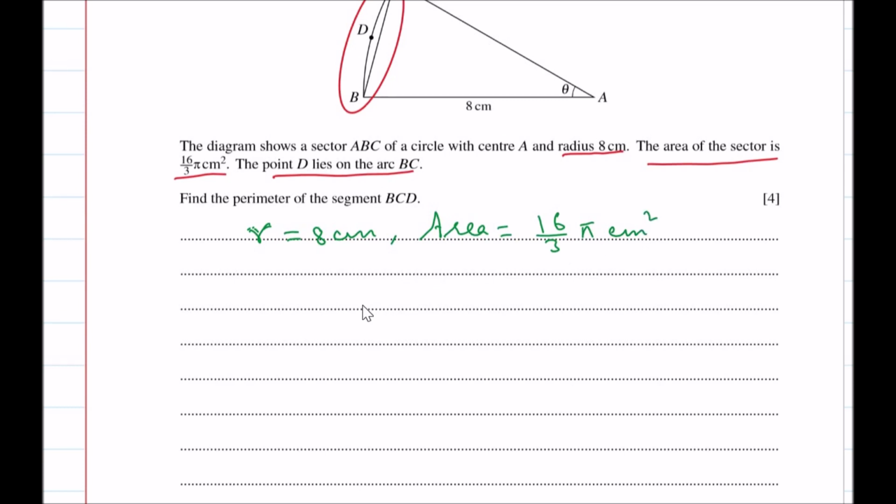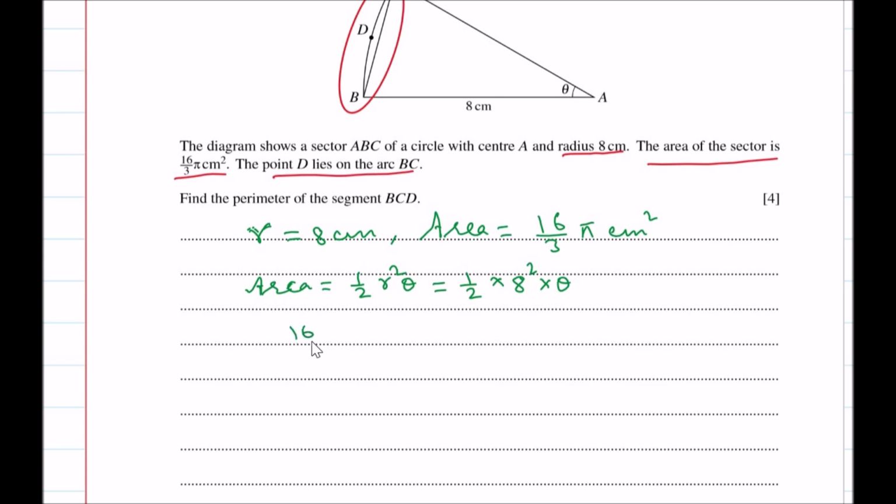As I said, from the area we'll try to find the theta. So let us write area formula. Area is equal to, we know the formula is 1 by 2 r square theta. So that means 1 by 2, r is 8, so 8 square into theta. Now area given is 16 by 3 pi.